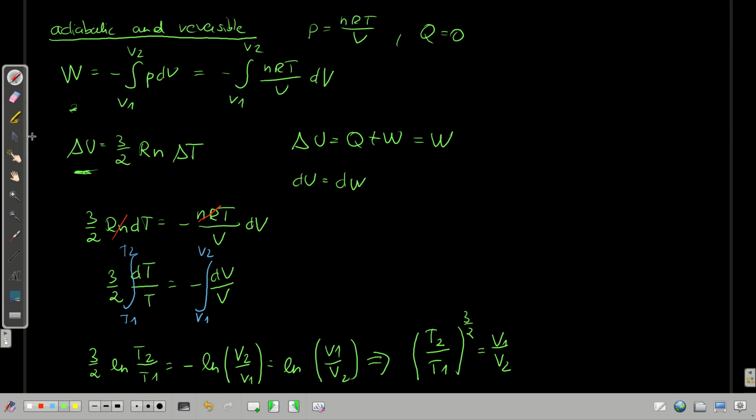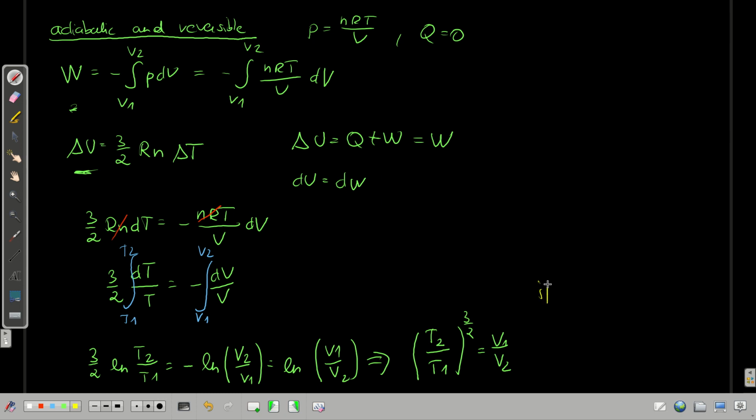So now in our particular case, let's say we expanded the gas, meaning that V2 is much bigger than V1. So this term here must be lower than 0. This also means that T2 over T1 must be lower than 1, but this means that T1 is bigger than T2.